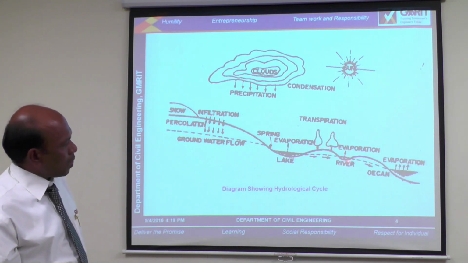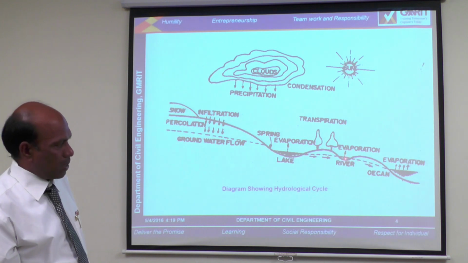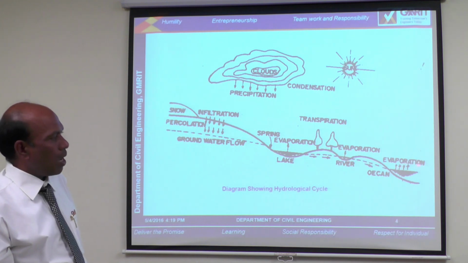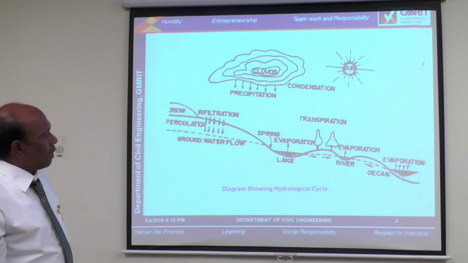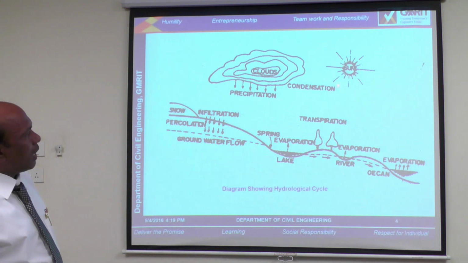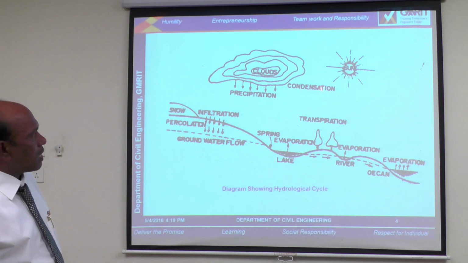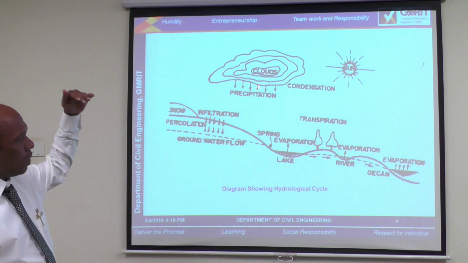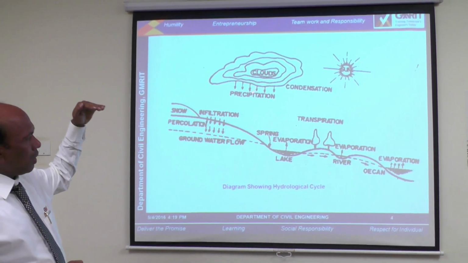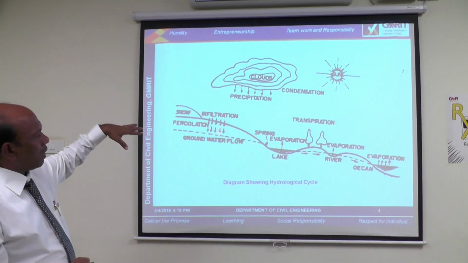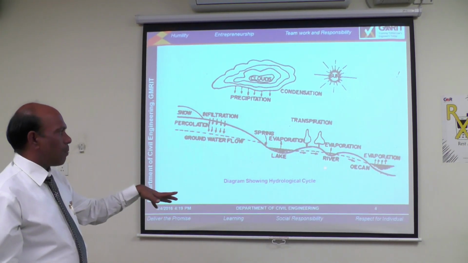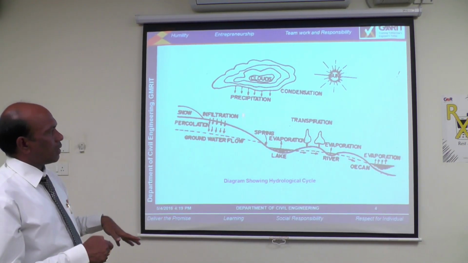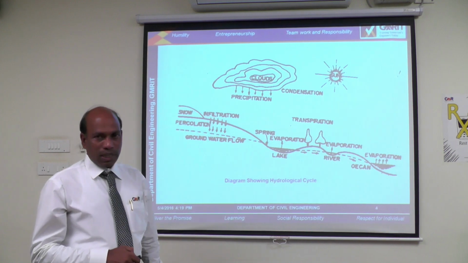Again, water also evaporates from the rivers and from the ocean. Once this water evaporates, condensation takes place and it transforms into precipitation or rainfall. Again this rainfall touches the ground surface and the cycle continues. This is nothing but the hydrologic cycle.